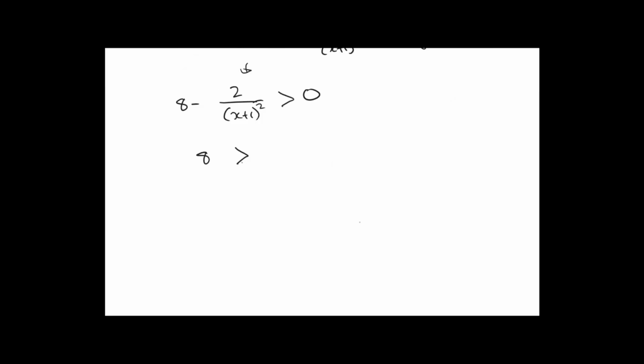So 8 must be greater than 2 over x plus 1 squared. And now let's multiply both sides by the denominator here. So 8 times x plus 1 squared must be greater than 2 over 1, which is going to be good. Let's divide both sides by 8.